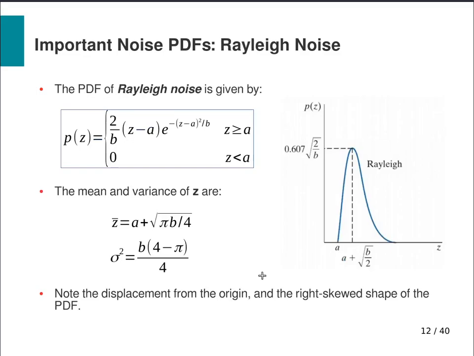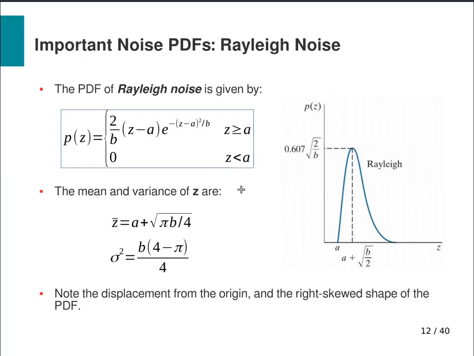The next noise PDF that we will see here is the Rayleigh noise. The PDF of a Rayleigh noise is shown by this equation: p(z) equals 0 for z less than a constant a, and for z greater than or equal to a, it is 2 over b times (z minus a) times e to the negative (z minus a) squared over b. Now you can see that we have two additional variables, a and b.